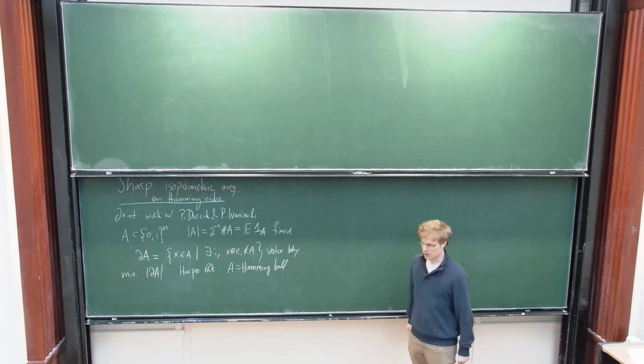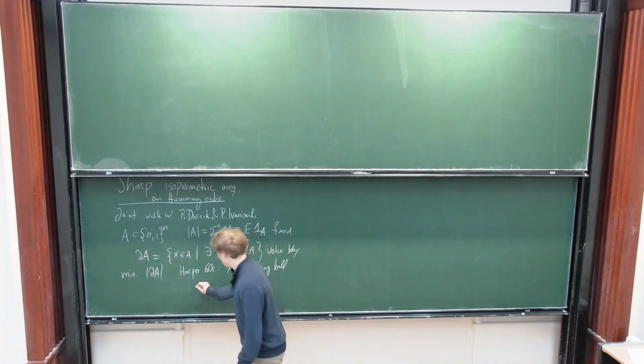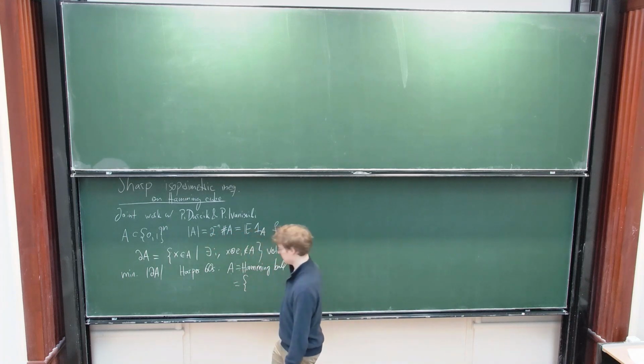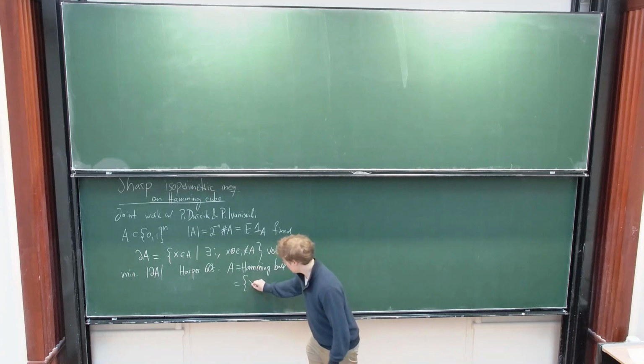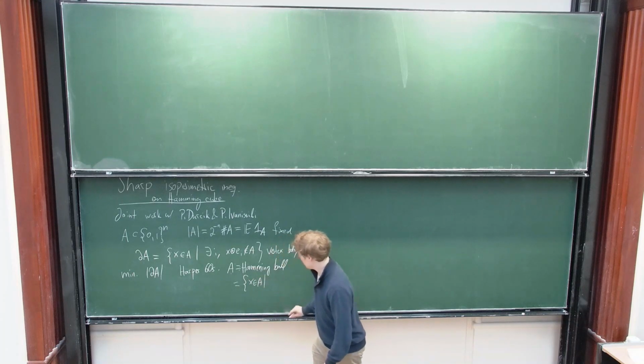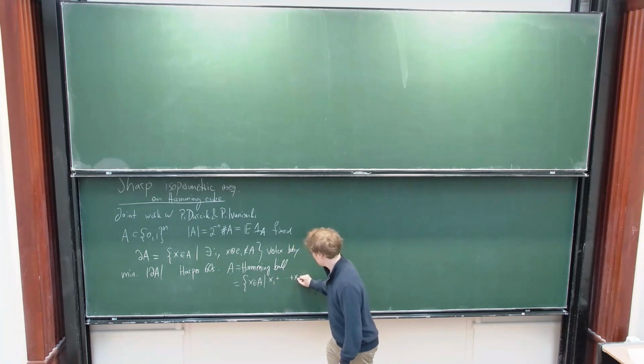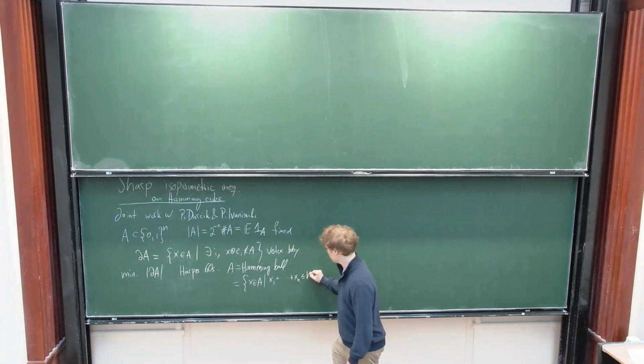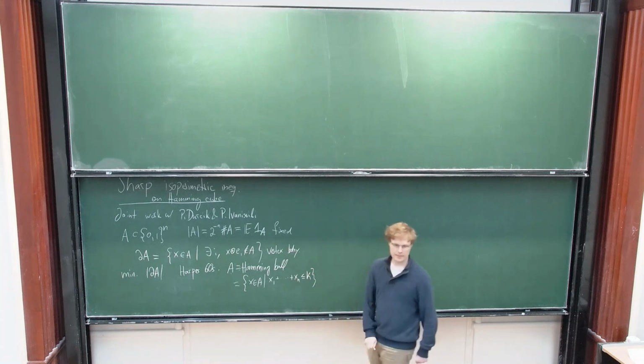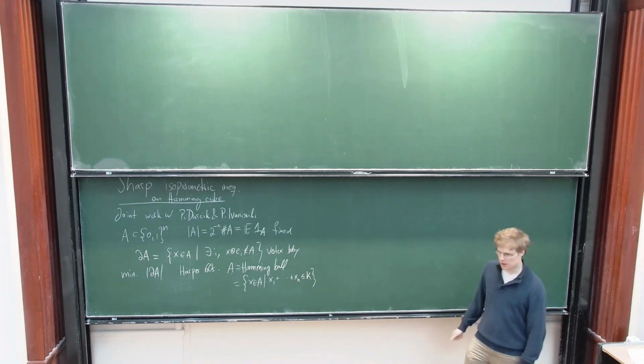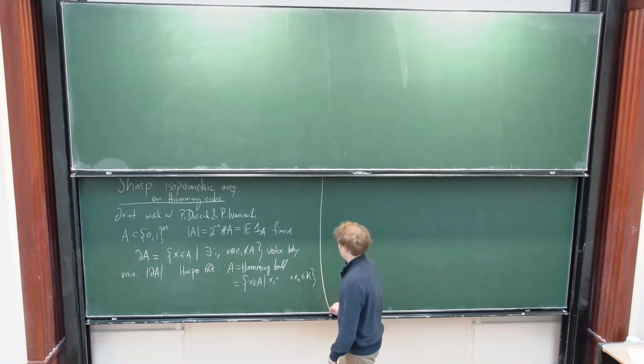What is a Hamming ball? A Hamming ball is a set of the following form. You take all the vertices where you sum up all the bits and you check that it is smaller or equal to a given threshold, like K. Okay? It looks like a ball. This is a Hamming ball.